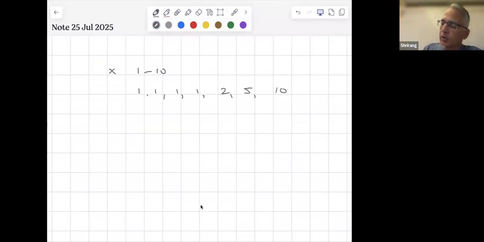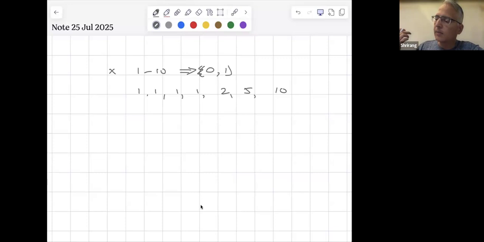I want to map these onto a range of 0 to 1, so from 1 to 10 I reduce it to 0 to 1, but I want them to keep the same properties. One way is to just divide everything by some number. This is not a good example. I'll come up with a better example later.